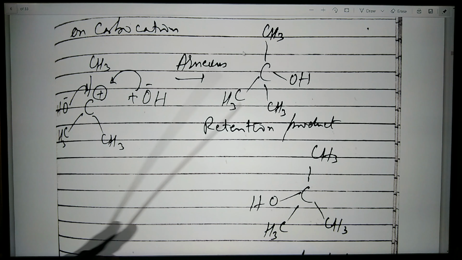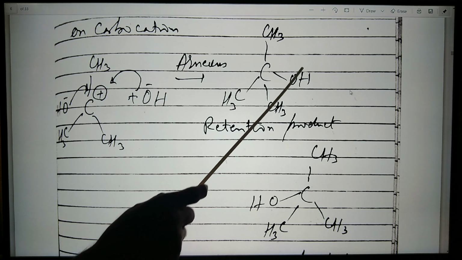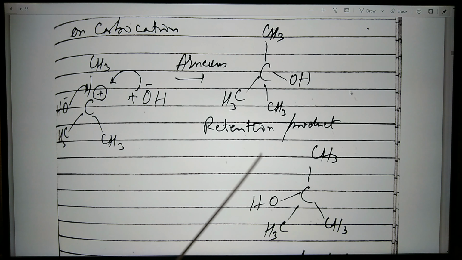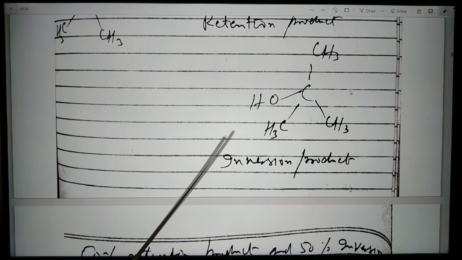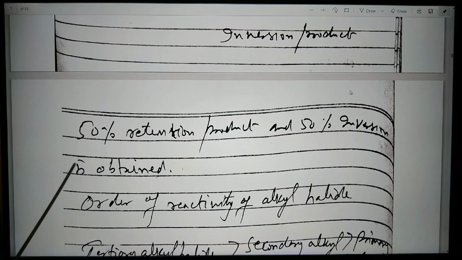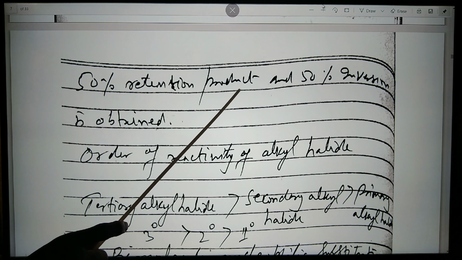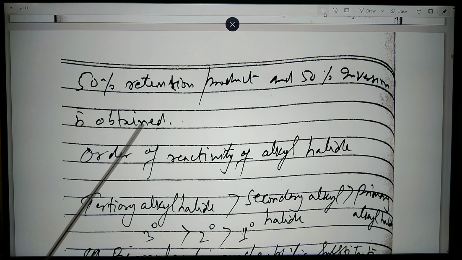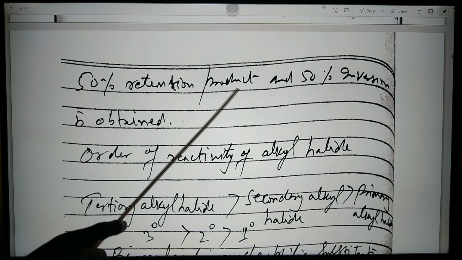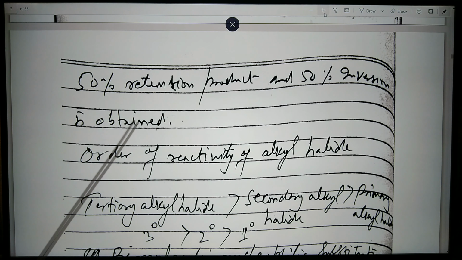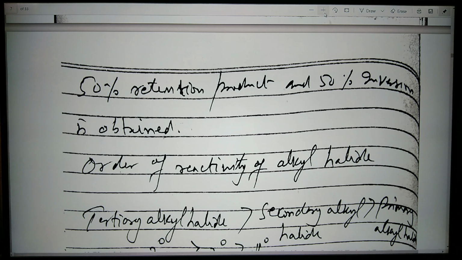Dear student, you have seen in stereochemistry that although there is no other change, the position changes: OH on the right side in one case, OH on the left side in the other. So this is the inversion product. So 50% retention product and 50% inversion product are obtained during this reaction.